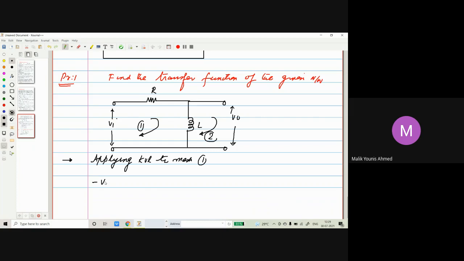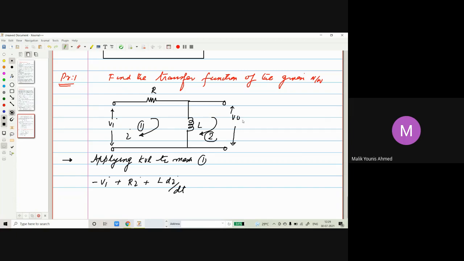Minus Vi plus, let us say, current flowing through this is I. That will be plus Ri. Now these are the two loops, so current flowing through this is I. So that will be plus L di by dt.